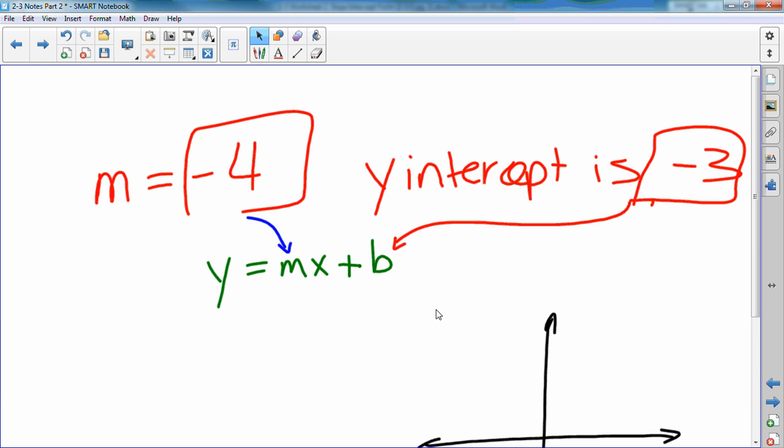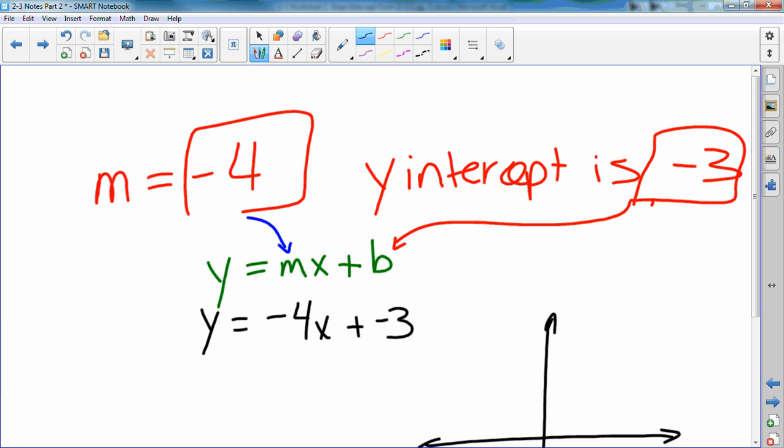So how would I write that? Well, y equals -4x plus -3. Or, what's another way to write plus a negative? Minus. It could be y equals -4x minus 3. That is the equation of a line with slope -4 and y-intercept -3.